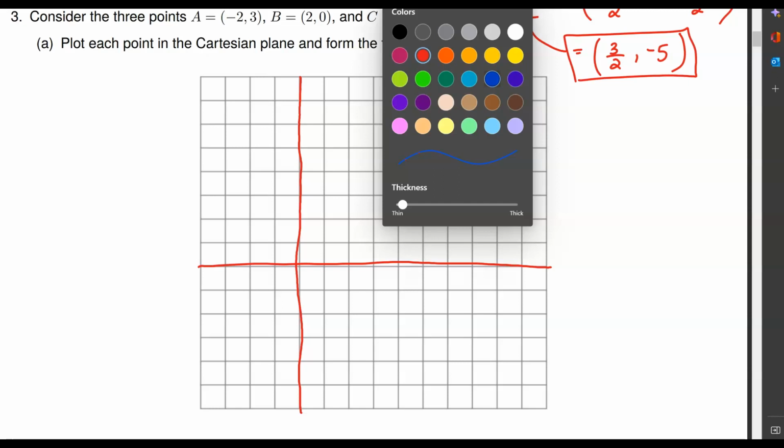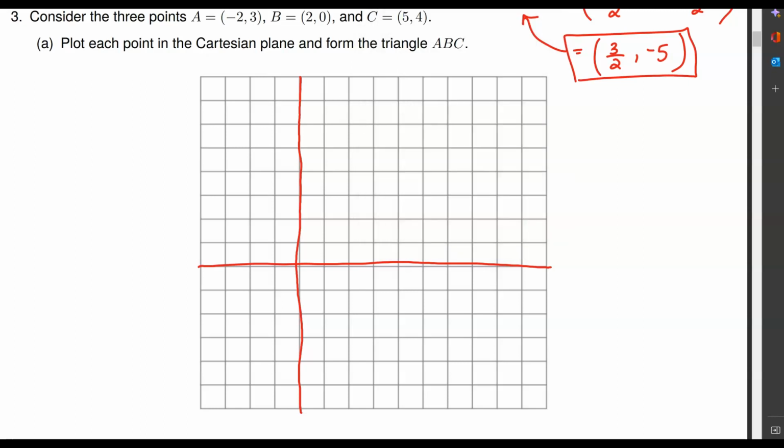So we're going to be at -2, 3. So here's 1, 2, 3, 1, 2, 3. And this is going to be A. And then B is 2, 0. So here's 1, 2. Here's 0. This is our B at 2, 0.